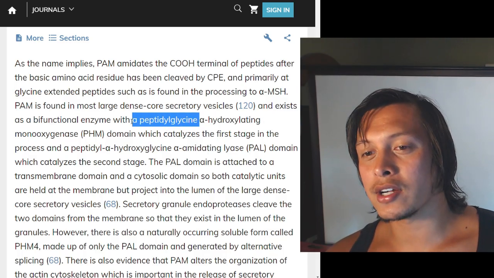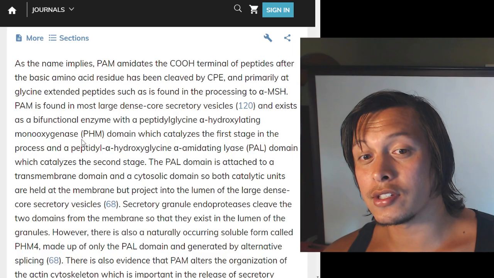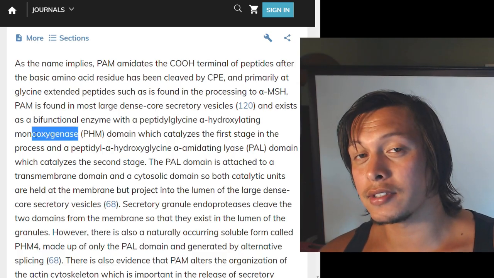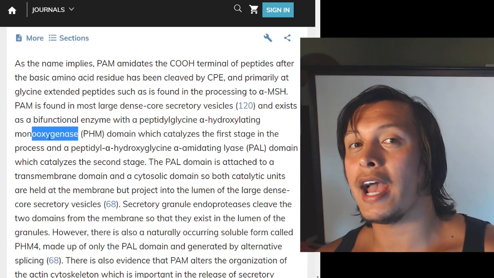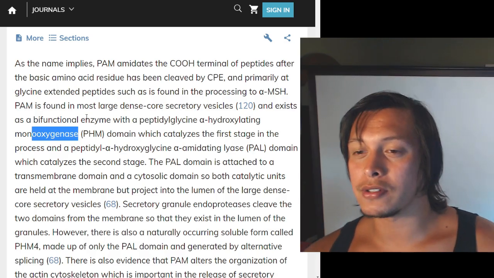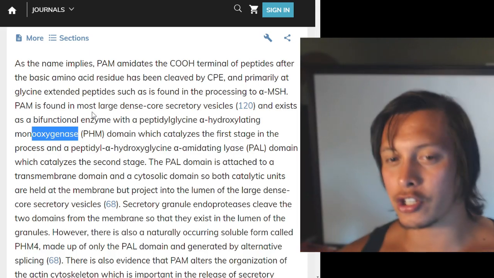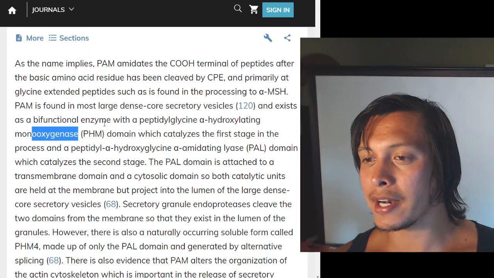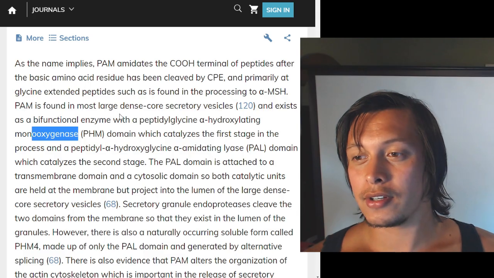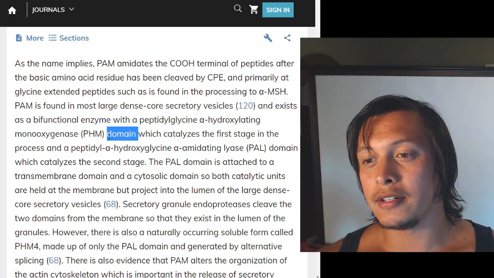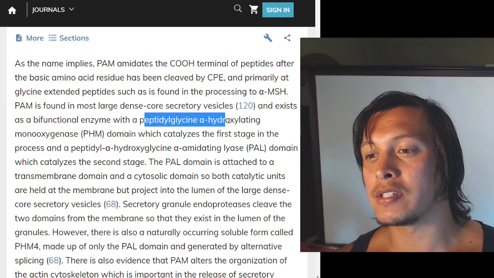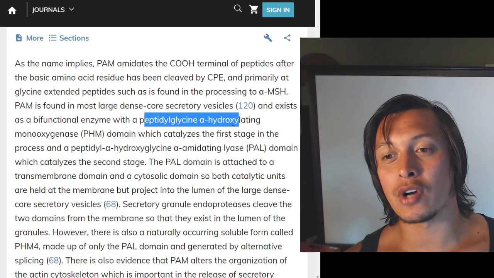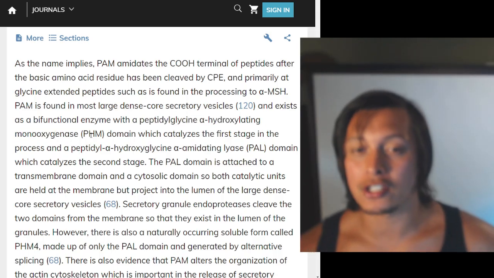The alpha hydroxylating monooxygenase usually takes some form of activated oxygen and can add it onto carbons or other biologically relevant atoms. Anyways, there is a domain or a section of this PAM enzyme which has this function, the peptidoglycine alpha hydroxylating monooxygenase, so PHM.